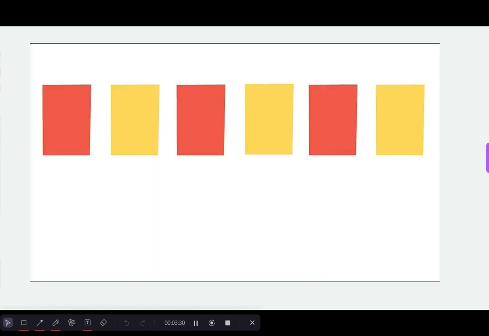Look at this pattern. It begins with a red rectangle followed by a yellow rectangle. Next is a red rectangle and another yellow rectangle. Next is a red rectangle followed by another yellow rectangle. It's doing the same thing over and over again, so it is definitely a pattern. What special rule does this pattern follow?